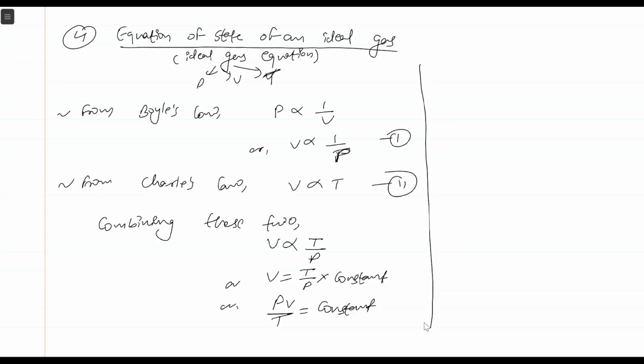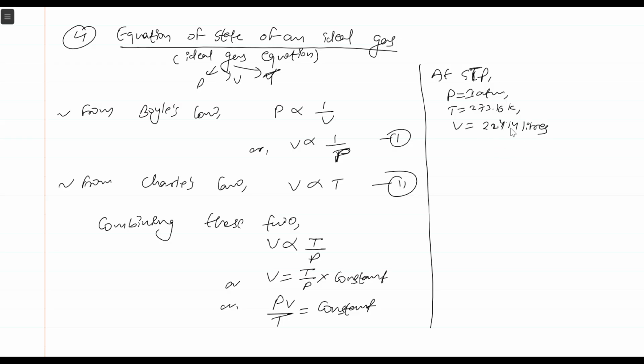Now, at STP, that is at standard temperature and pressure, pressure is 1 atm, temperature is 273.16 Kelvin, and the volume occupied by any gas is 22.414 liters.